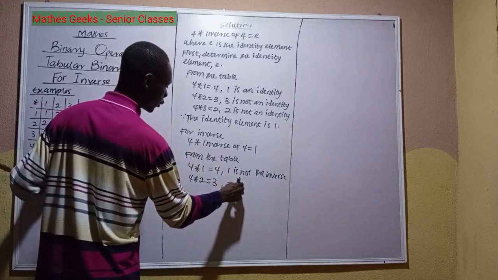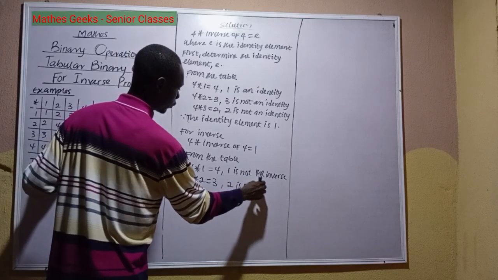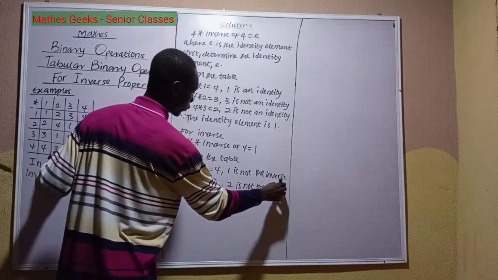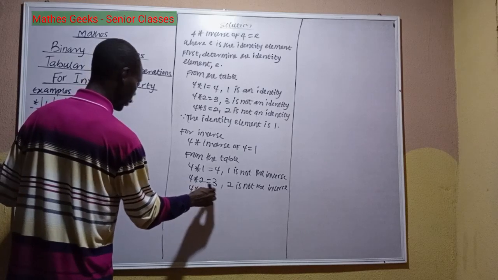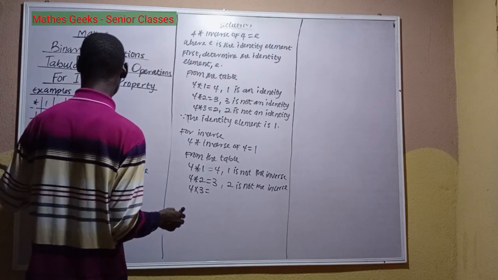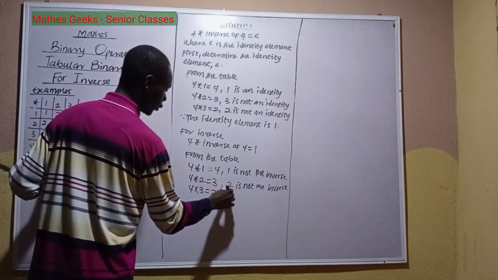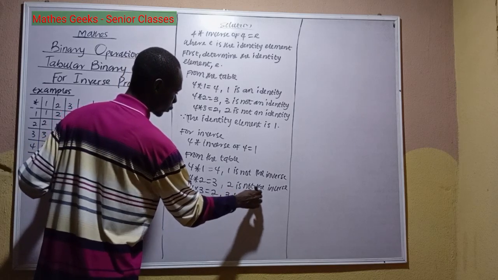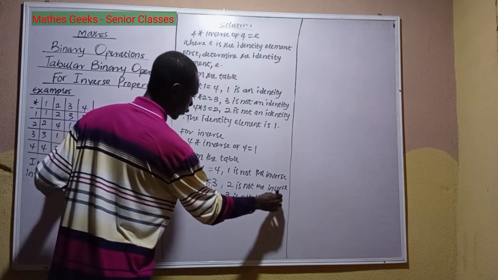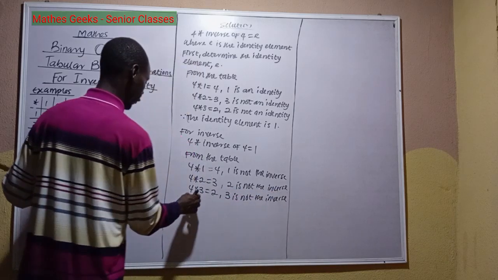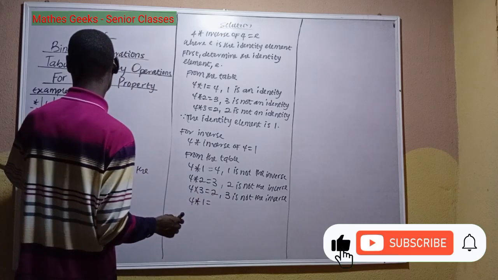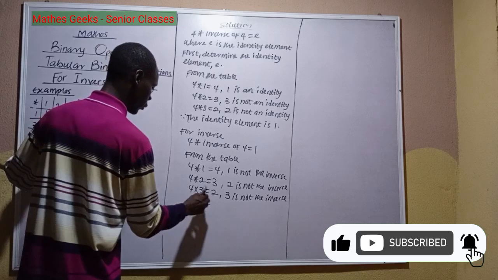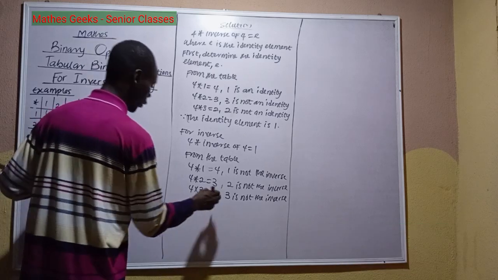So 2 is not the inverse of 4. 4 operation 3 is 2, so 3 is not the inverse either. For 4 operation 4, it is 1.